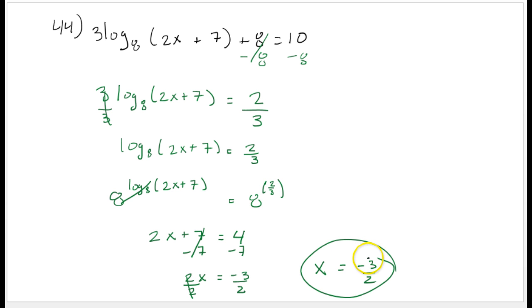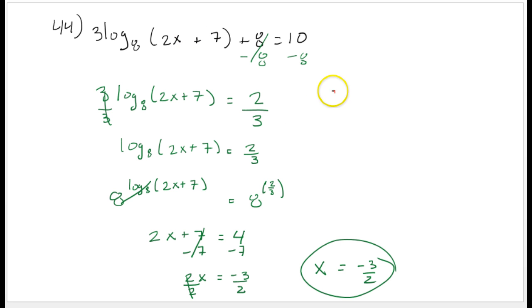Now, if we were to plug this into our original log value, we notice that the 2's will cancel out. So let's go ahead and see if this is a true answer, because I said that we can't have this negative, and it's true, but let's plug it in and see if we actually get a negative value inside our log.